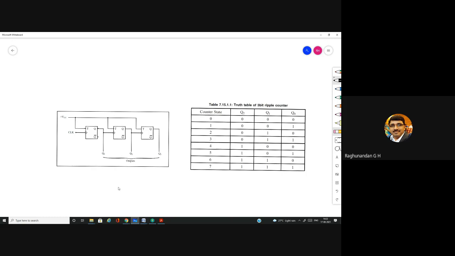In this application, they fix a proximity sensor on the top of the door, and this will be connected to the counter.